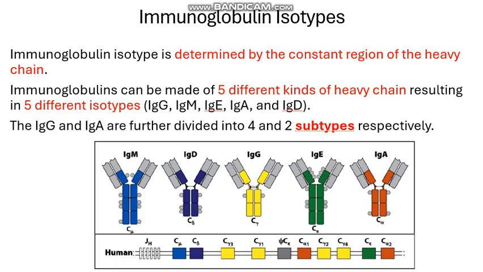The same goes for immunoglobulin A, represented in orange here. Its subtype is determined by which of these 2 orange genes is coding for the constant region of the heavy chain.